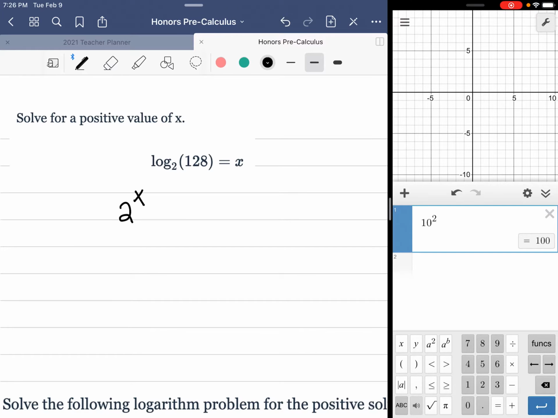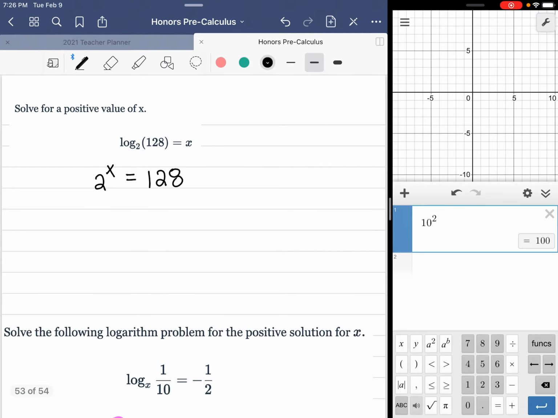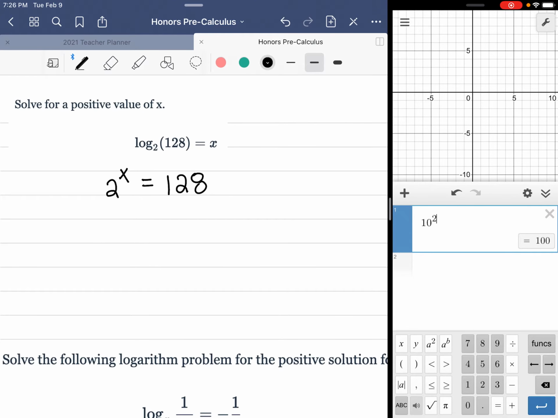All right. So then we're going to look at this one. This one's a little bit different. So if I have 2 raised to x and I have 128. Actually, this one is not different. It's the next one that is. Sorry about that. So I'm going to ask myself 2 raised to what?